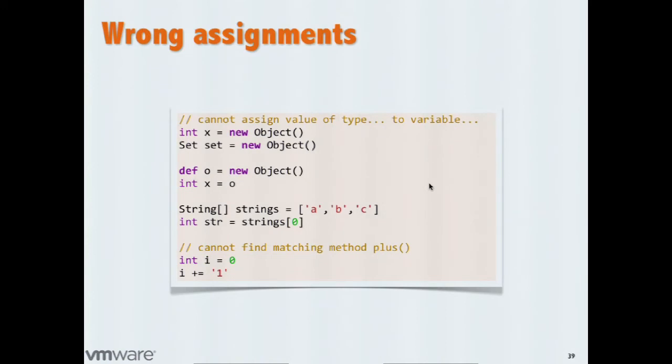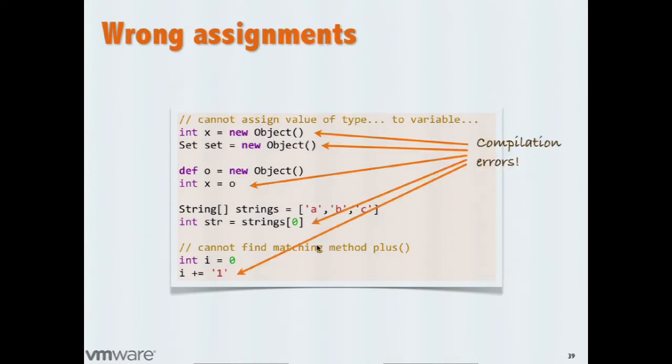It can check wrong arguments. Let's say you want to assign an object into a primitive value, or let's say you've got an array of strings and you want to put the first element of that array into an int, etc. All these things will also trigger compilation errors, like in Java, obviously.